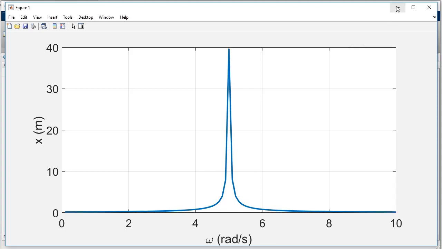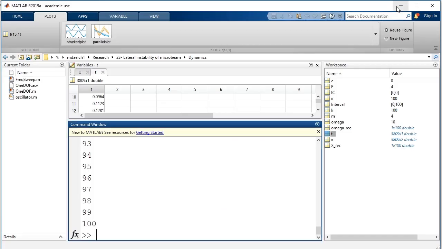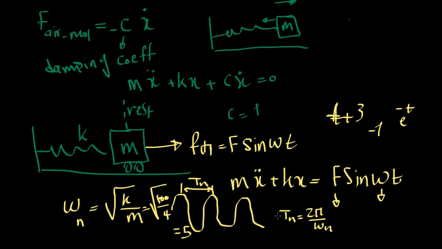Now we can do a couple of interesting things. We can, for example, add damping or add nonlinear terms, which is the next logical step in studying this system. In your mechanical vibration course, you are going to be studying just that simple equation, the oscillator.